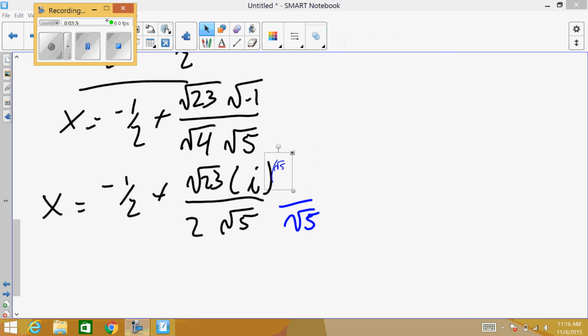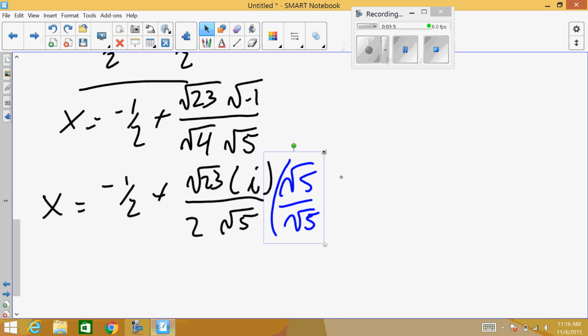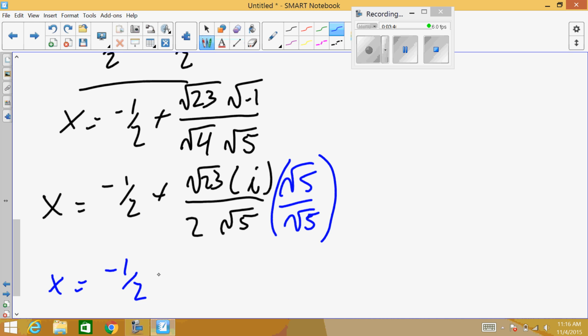So x equals negative 1/2 plus i square root of 23 times square root of 5, which would be square root of 115. 23 and 5 are both prime, so that's not going to simplify any more nicely for us. 2 times the square root of 5 squared: I multiply square root of 5 times square root of 5, that's just 5.